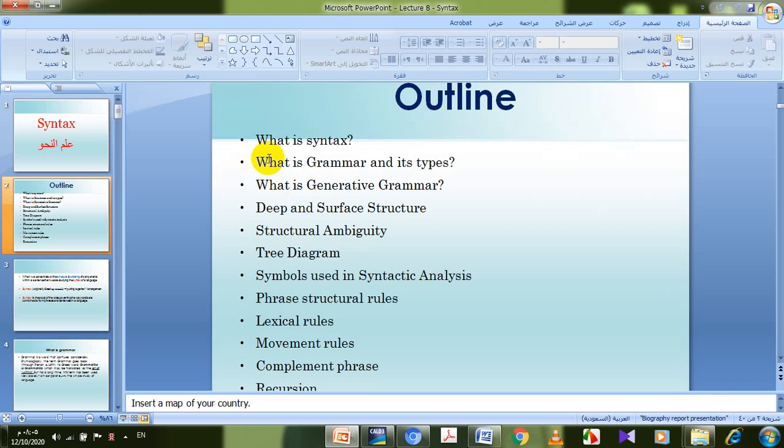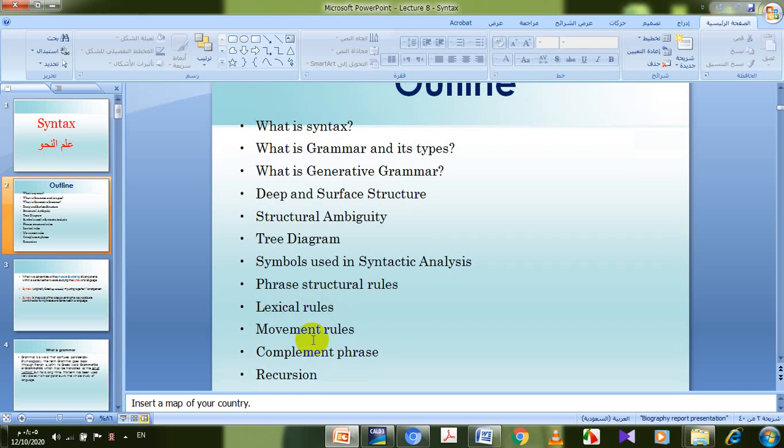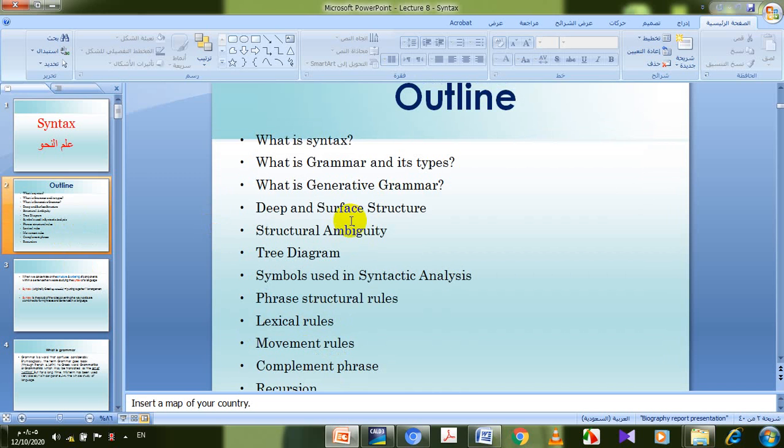We have what is syntax, what is grammar and its types, what is generative grammar, deep and surface structure, structural ambiguity, tree diagram, symbols used in syntactic analysis, phrase structural rules, lexical rules, movement rules, complement phrase, and recursion. So these are the outlines, inshallah, we are going to talk about today.